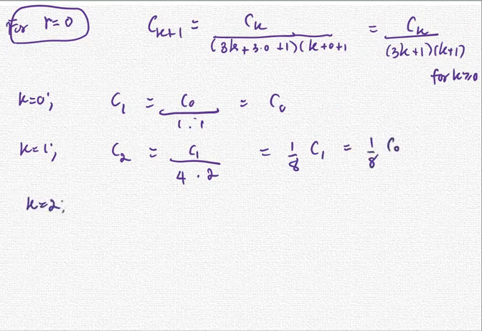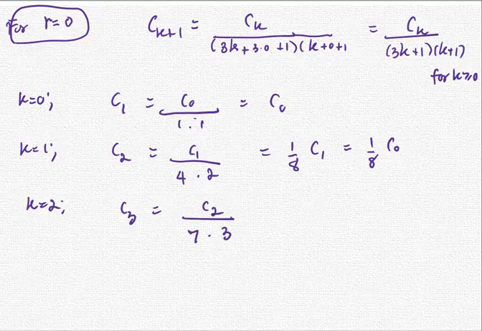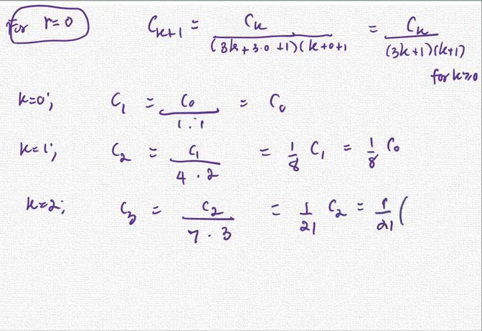For k equals 2, we get c3 equals c2 divided by 7 multiplied by 3, or 1/21 times c2, and c2 is 1/8 times c0.